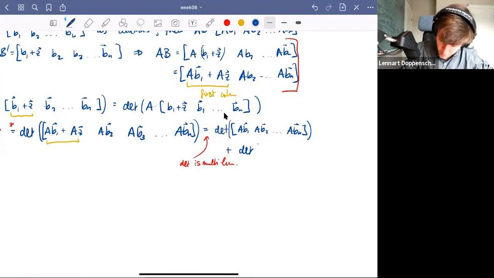So we have the determinant of AZ, AB2, through ABn.